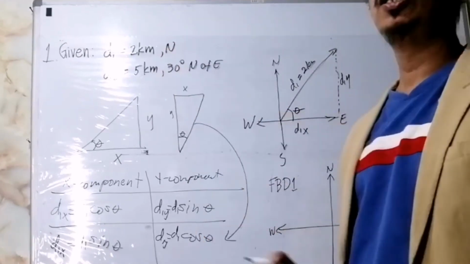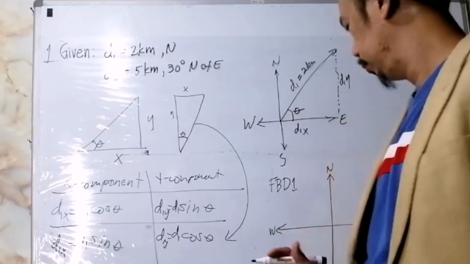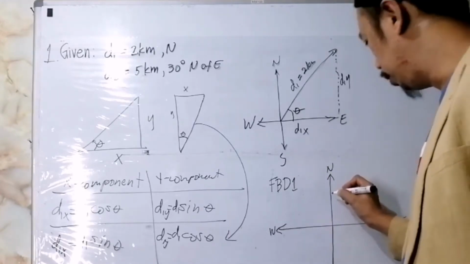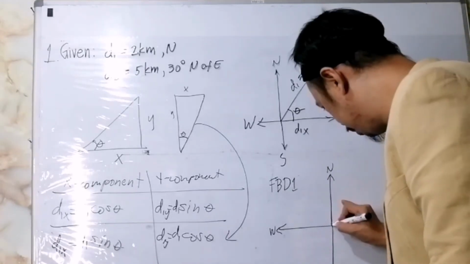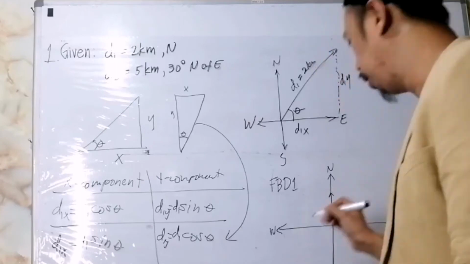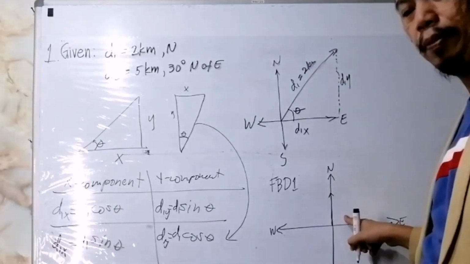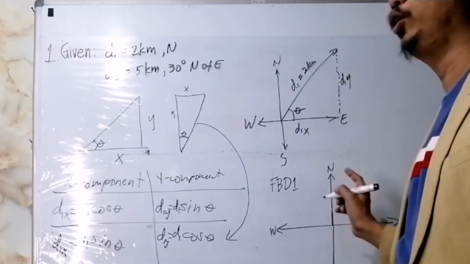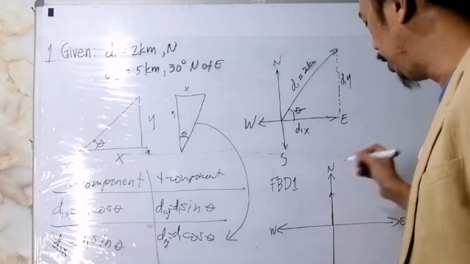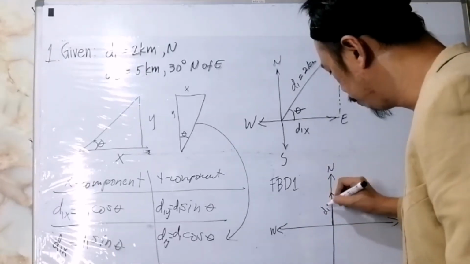The given is 2 kilometers north, so it is located here. We just estimate the location. So this is the 2 kilometers north. Let's name this d1.